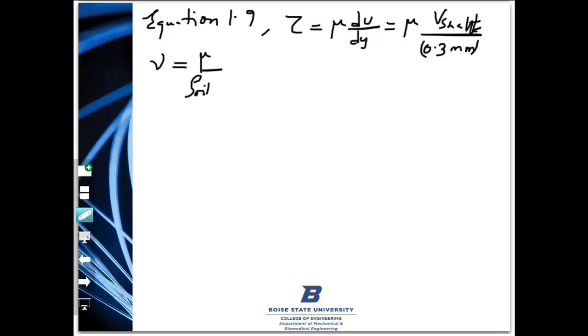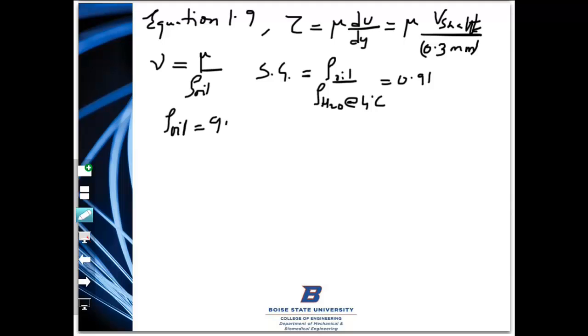And the specific gravity is the density of oil over the density of water at 4 degrees C. So this is 0.91. Then we can find the density of oil, which will be 910 kilograms per meter cubed.